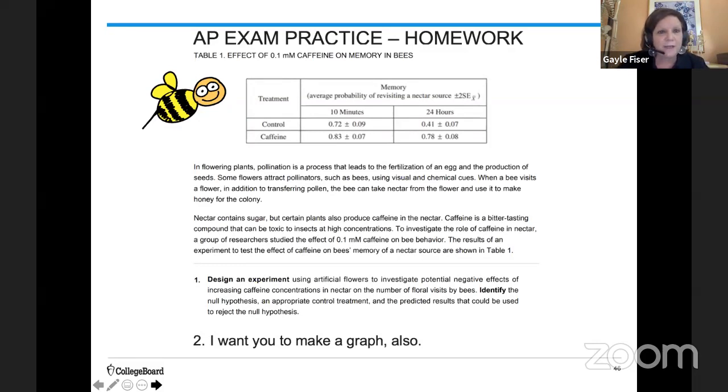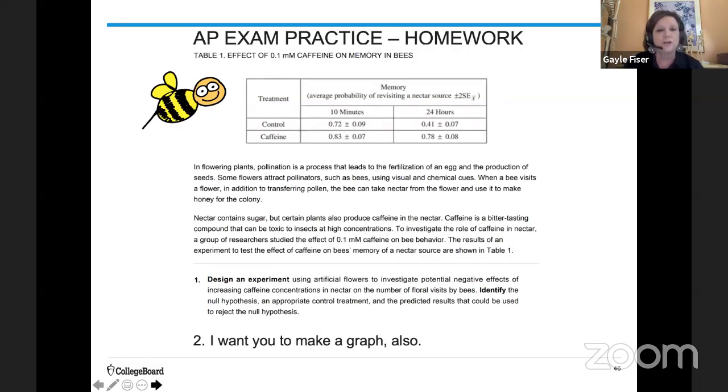In flowering plants, pollination is a process that leads to fertilization of an egg and the production of seeds. Some flowers attract pollinators, such as bees, using visual and chemical cues. When a bee visits a flower, in addition to transferring pollen, the bee can take nectar from the flower and use it to make honey for the colony.